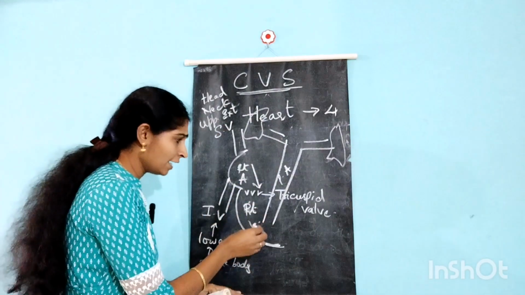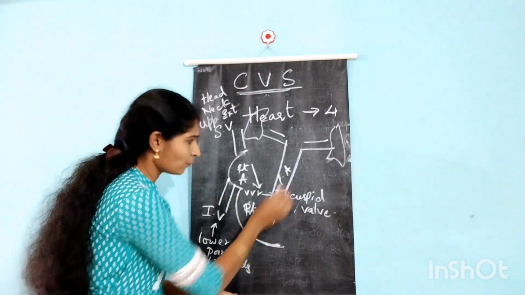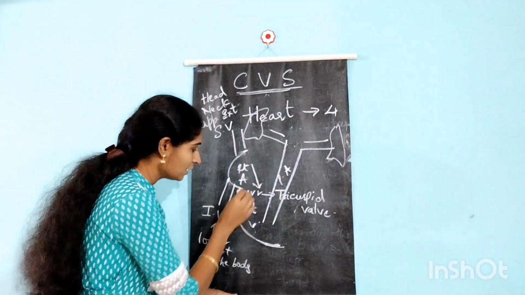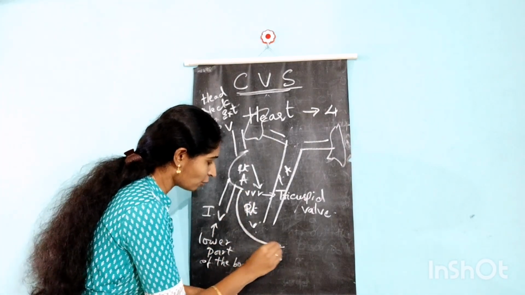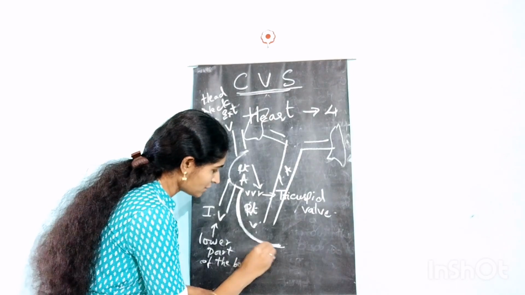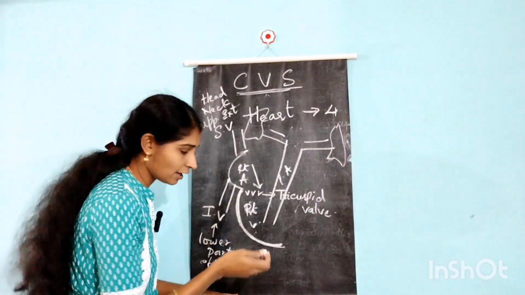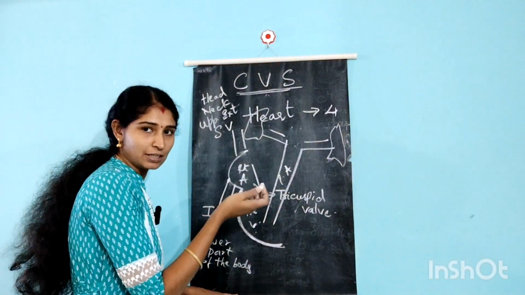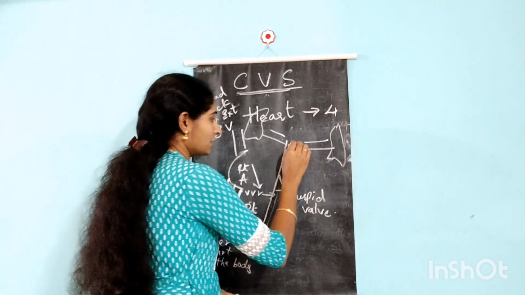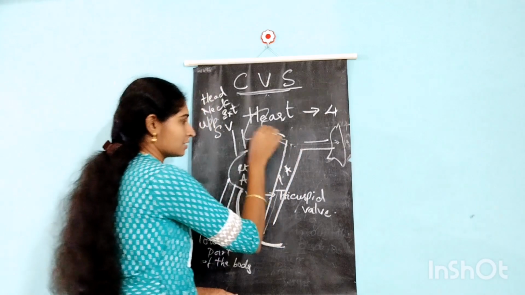Clear? And you can see the blood needs to move in the opposite direction, that means the upward direction. So the action is more here. The walls of the ventricles are very thick because they need to pump the blood against gravity. The blood enters the pulmonary artery and goes to the lungs.